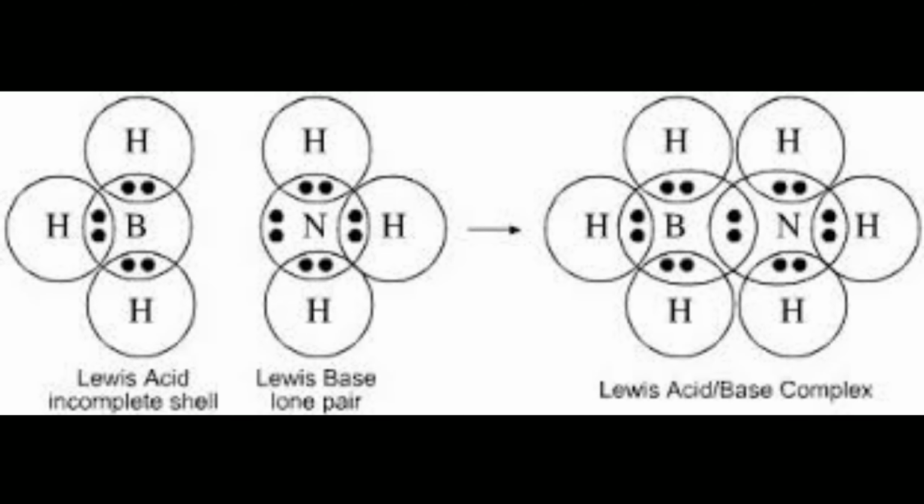For example, the BH3 and NH3 molecules. In this reaction, BH3 acts as a Lewis acid because it accepts a shared pair of electrons, and NH3 acts as a base because it donates a shared pair of electrons.